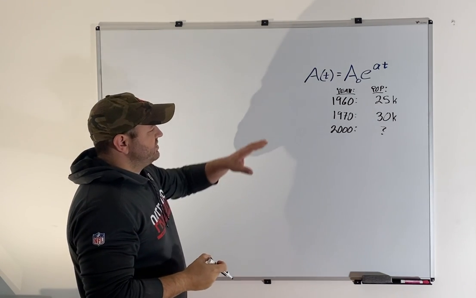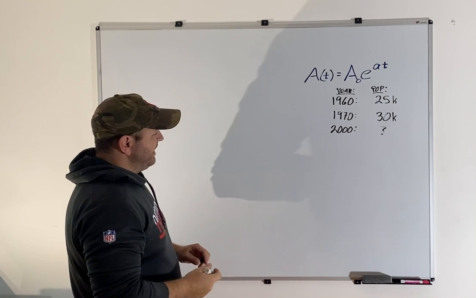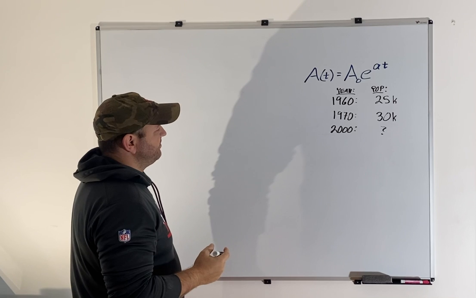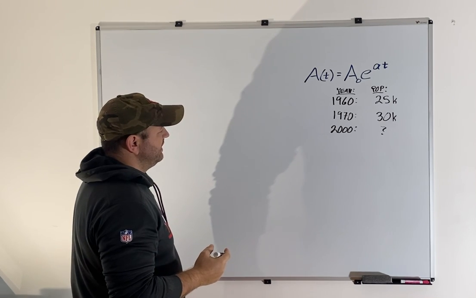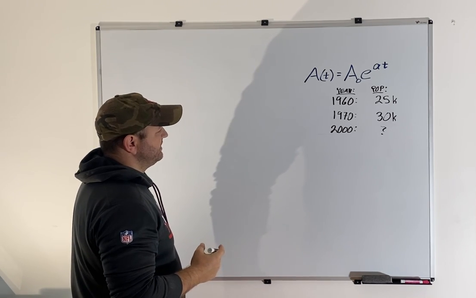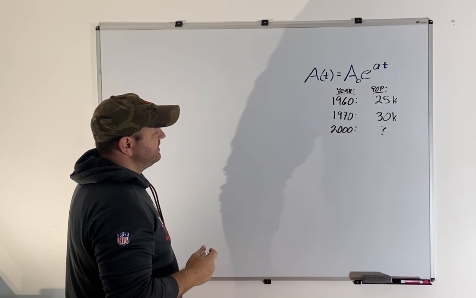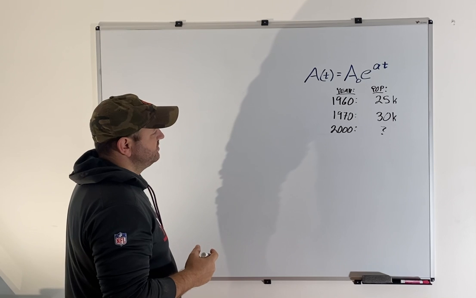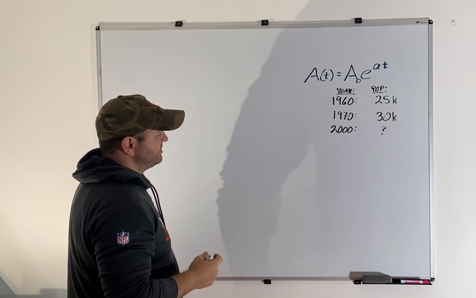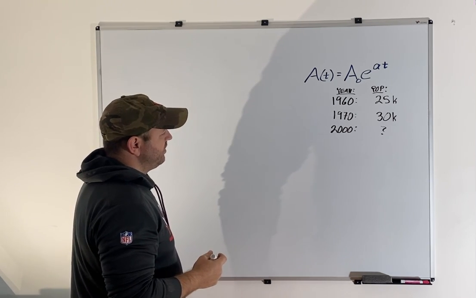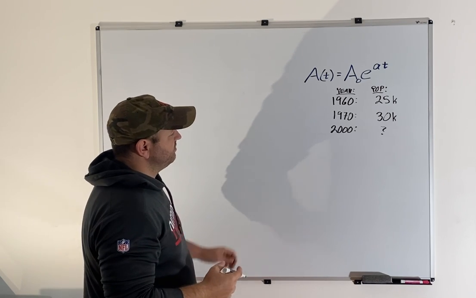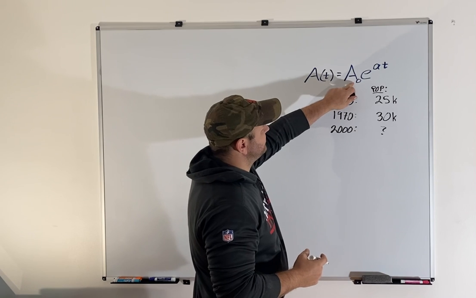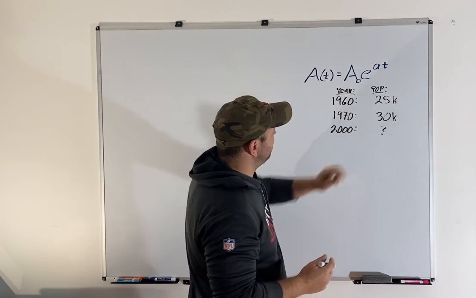So let's take this information and correlate it into our skeleton. A of t, the amount that I have of a certain thing at a certain time, is equal to the amount that I initially had times the natural exponent raised to some rate times the time interval I'm interested in. The initial year is 1960, which means the amount that I had at the beginning is 25,000.